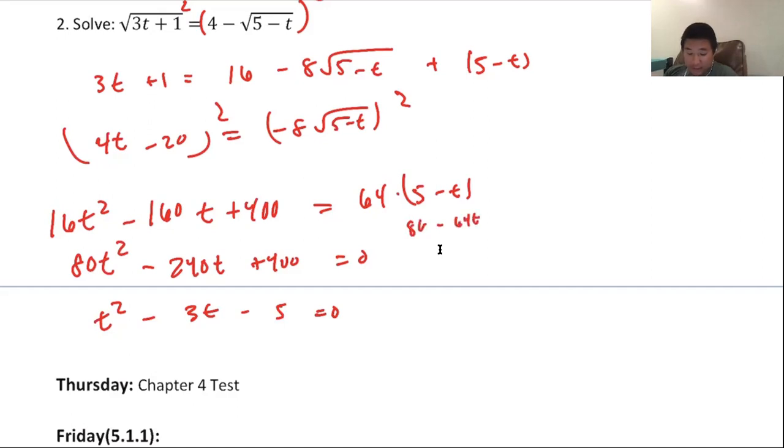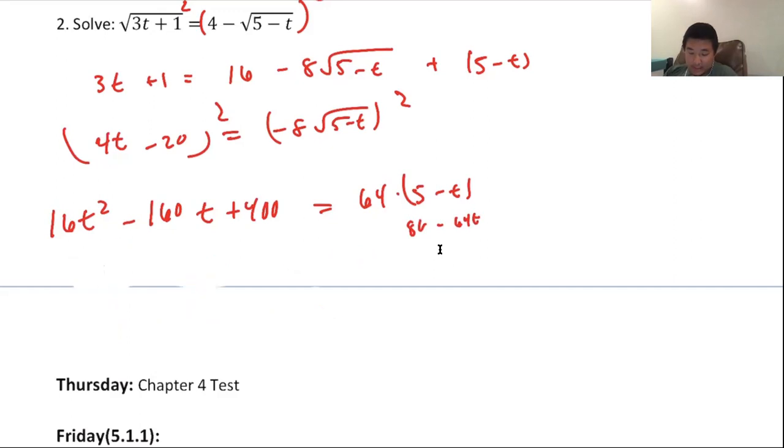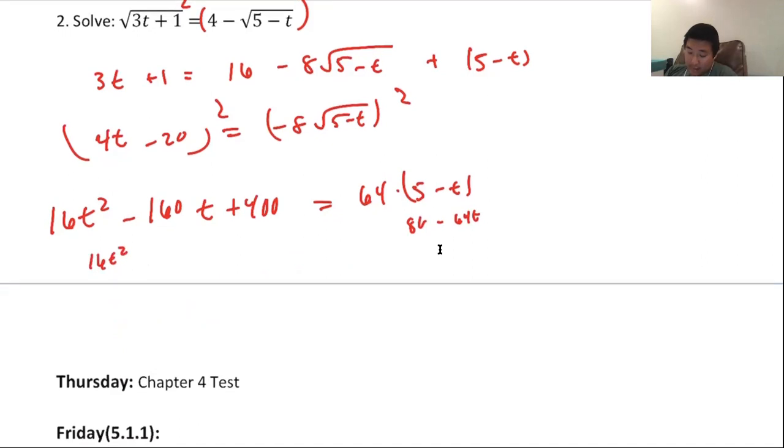Add the 64t, you add it to this. Got it. So this is 16t squared, 64t added equals 96t and plus 320. 96 divided by 16, 6.